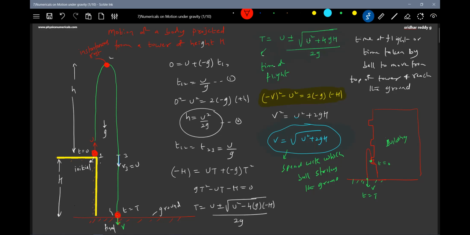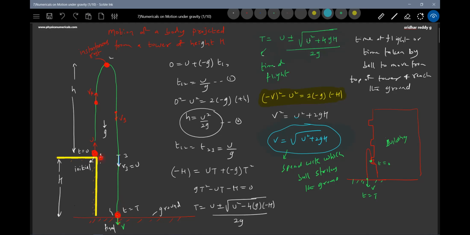So the motion of the ball, we will see the state of it. It will have some velocity and the retardation will be downward. What about here? Here it will be accelerating. So what type of motion will the ball be describing? First retarding motion, then freely falling.